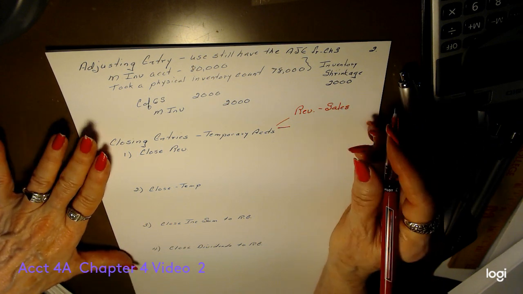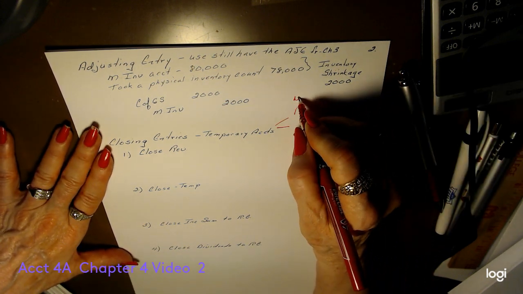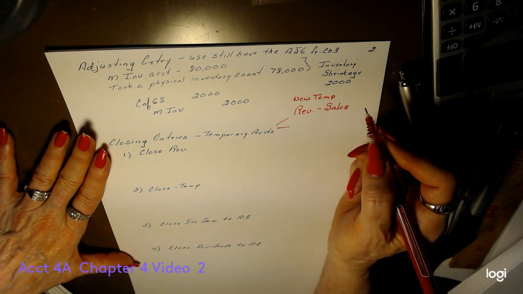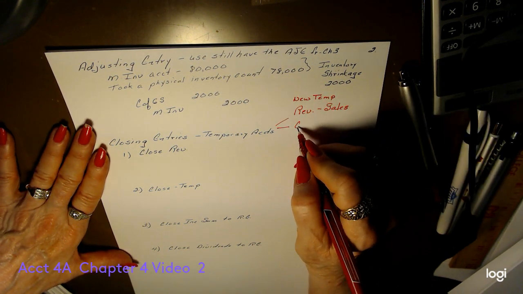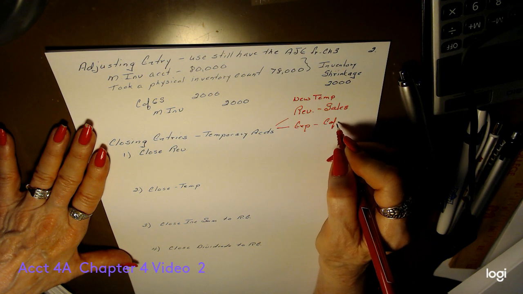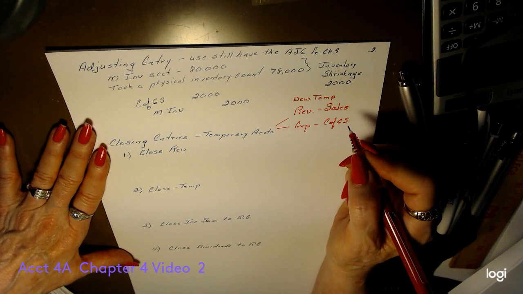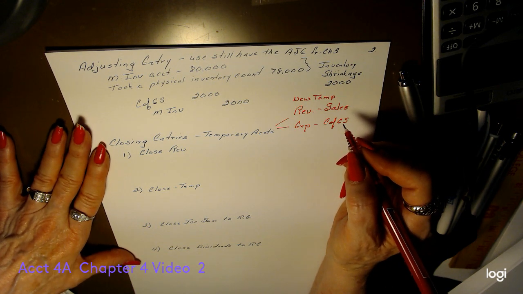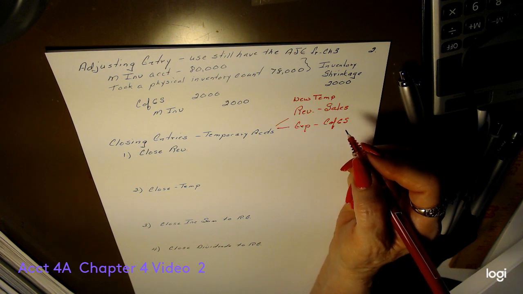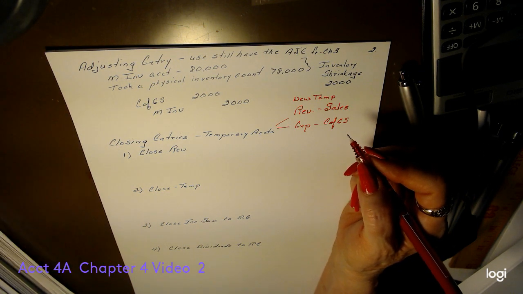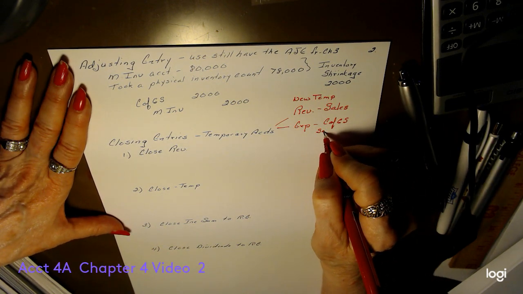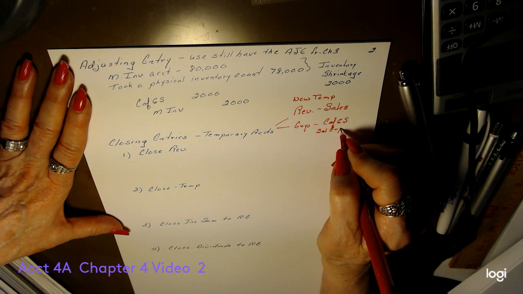So we're looking at new temporary accounts. And for expenses, it really is cost of goods sold. Okay. It could also have been inventory. Well, it could have been anything that we had before, like salary expenses and all the other ones.